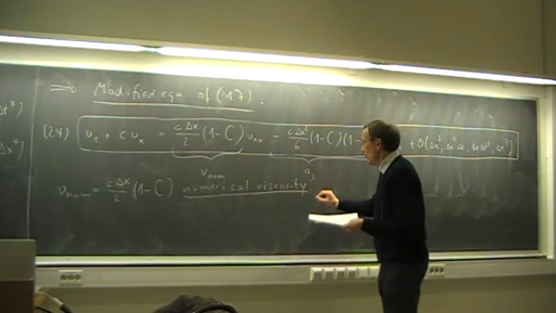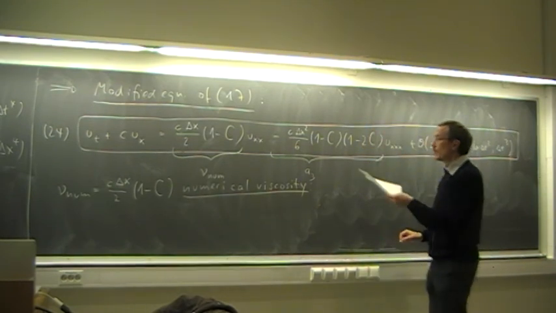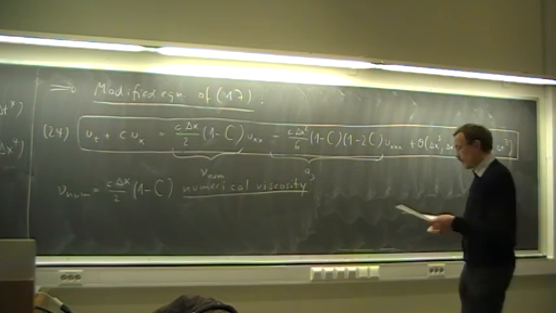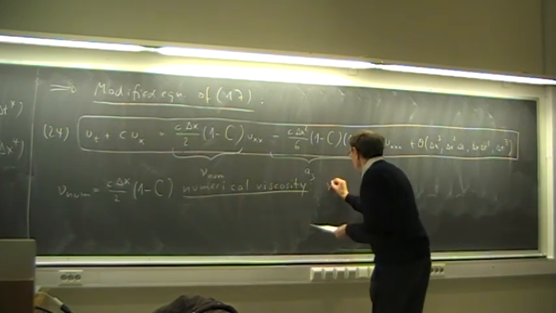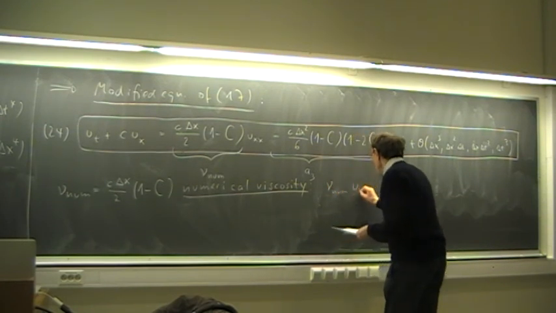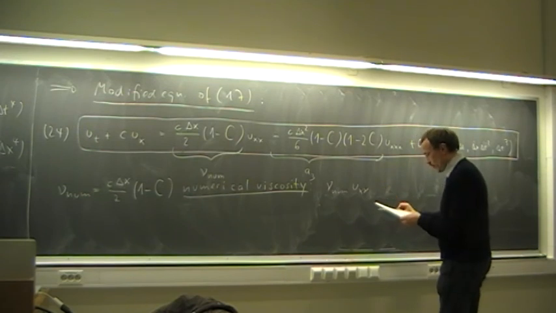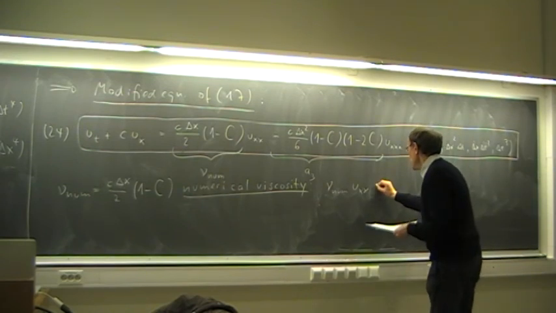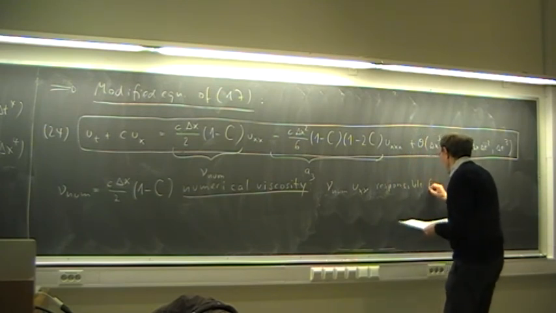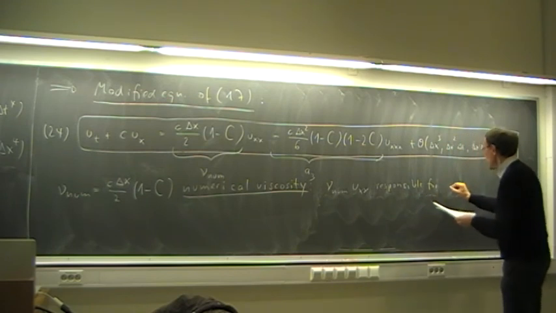And the term that this is then governing, that is the numerical viscosity nu num times the second space derivative of our unknown. That term is responsible for the dissipation error.